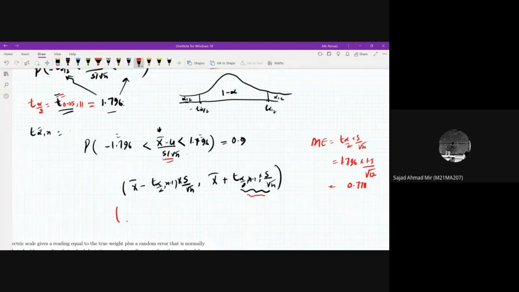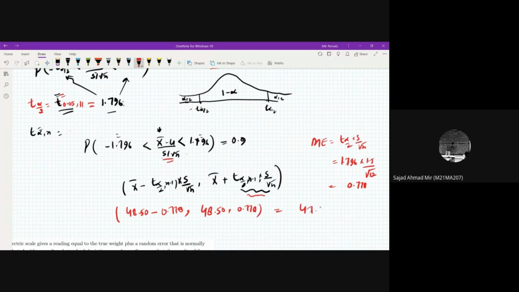X bar is already known, 48.50. So 48.50 minus 0.778, comma, 48.50 plus 0.778. The final answer for this is 47.72, comma, 49.28. So this is my final confidence interval.